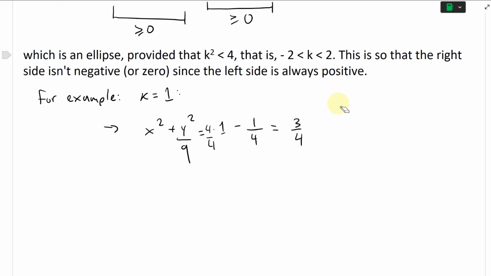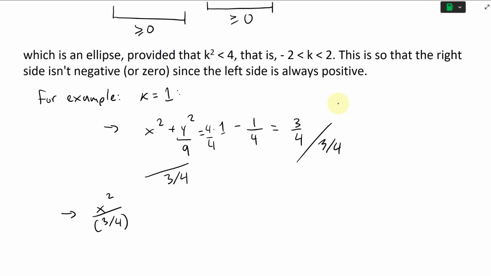So to get it in the standard form, we just divide this out by 3 over 4 on both sides. And we're going to get x squared over 3 over 4, like that, and then plus y squared over, this is going to be 9 divided by 3 over 4.